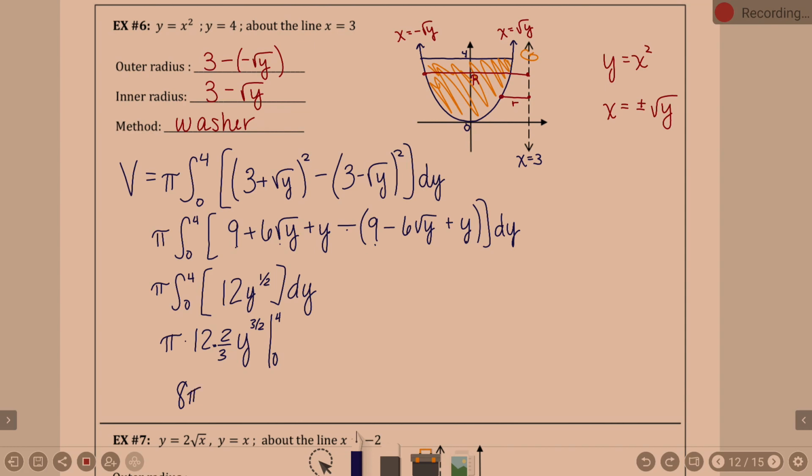And then we're going to evaluate. So square root of 4 cubed is 8, minus 0. Okay. Next problem?